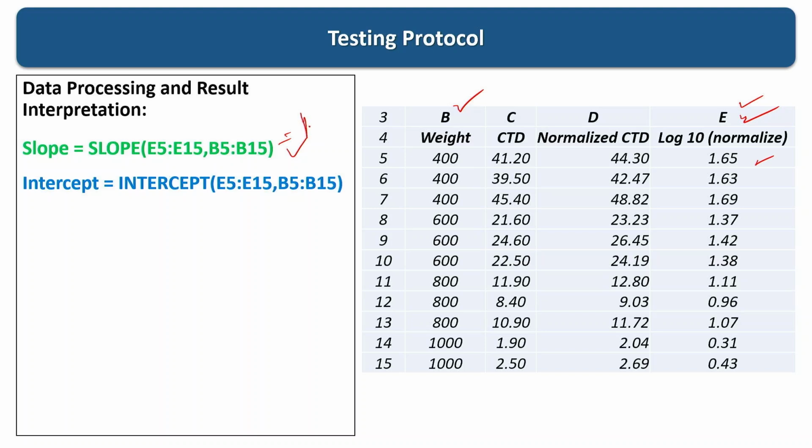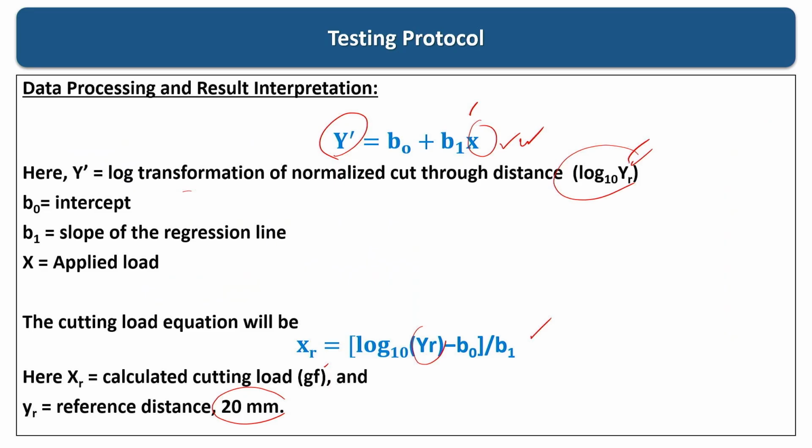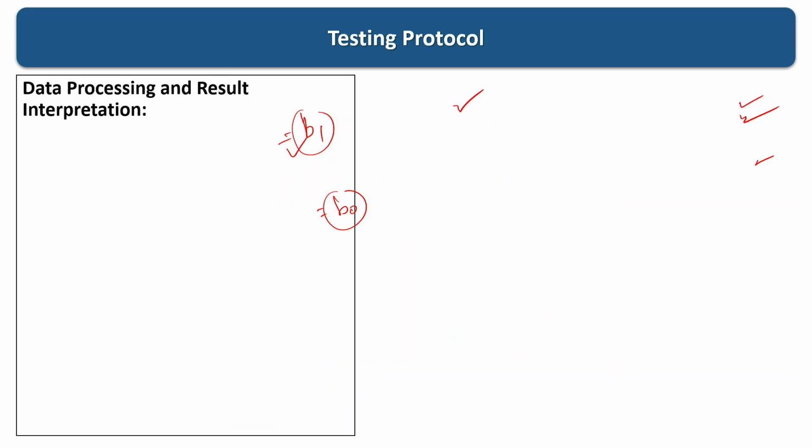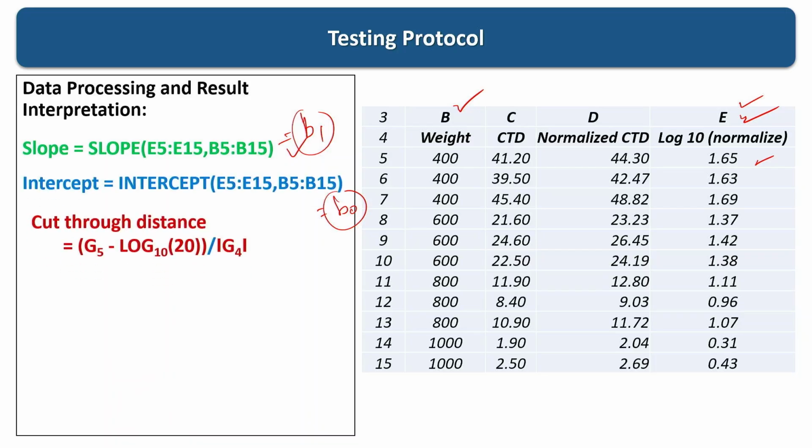Here it is B1, and the intercept is B0, that we are calculating. So, you can see in this equation, this is the B1 slope and B0 is the intercept. That we have calculated, and then the cut through distance we can calculate using this relationship.